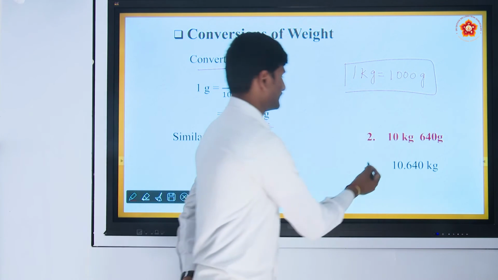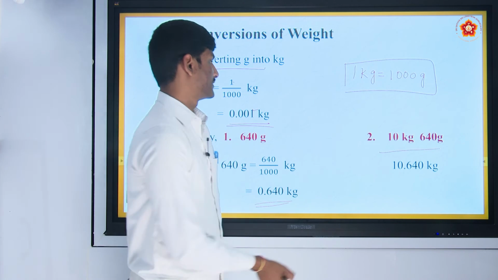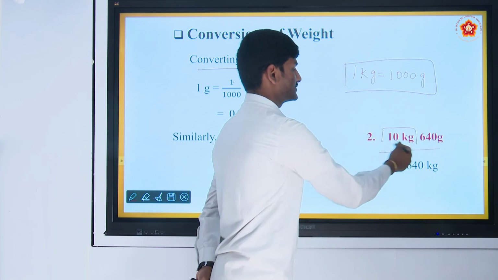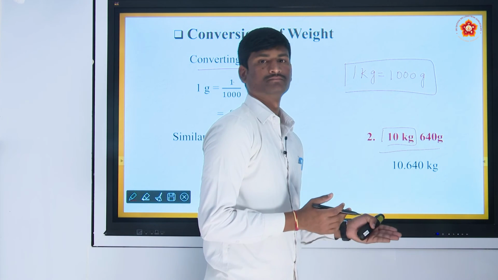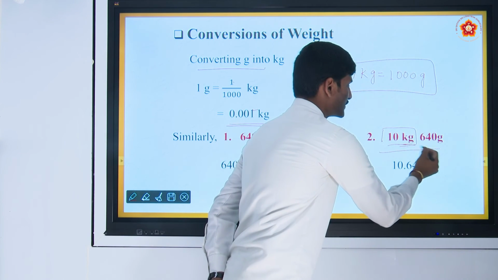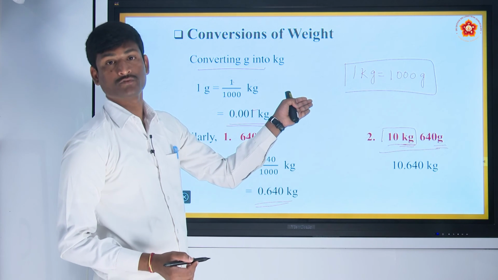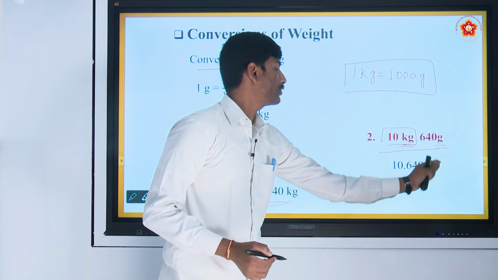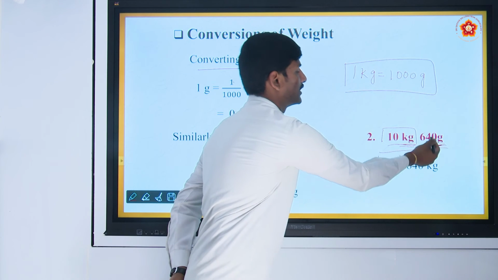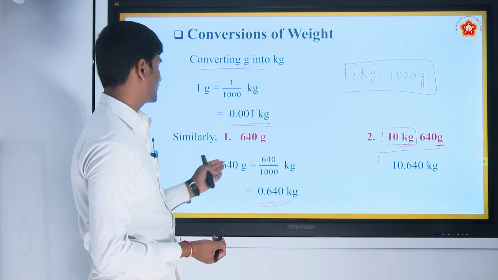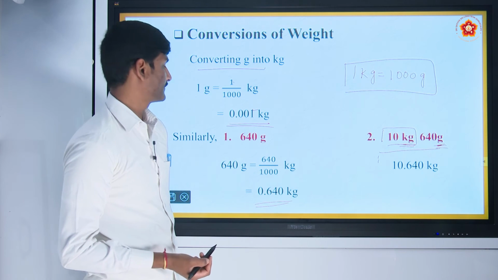Similarly, the second one is 10 kg 640 gram. Here 10 kg is completely a whole number part. For 640 gram, both units are changed. We convert gram to kg. We already know 640 gram means 0.640 kg.